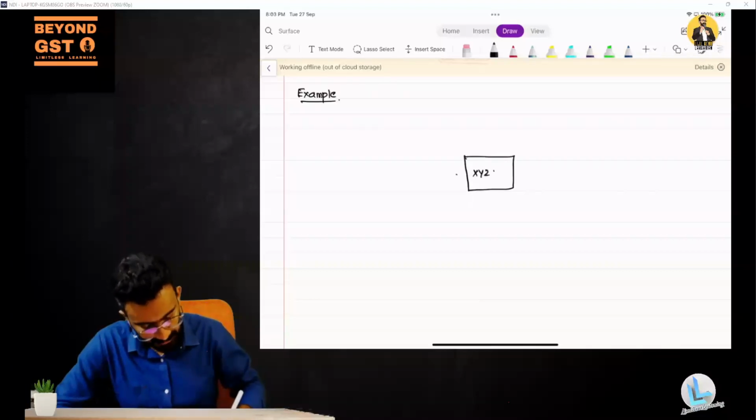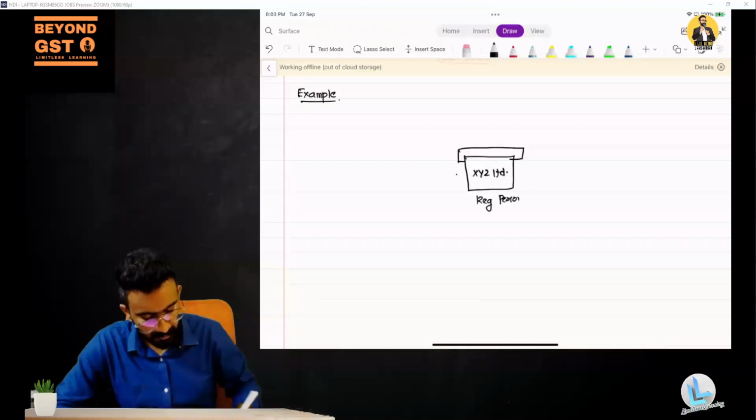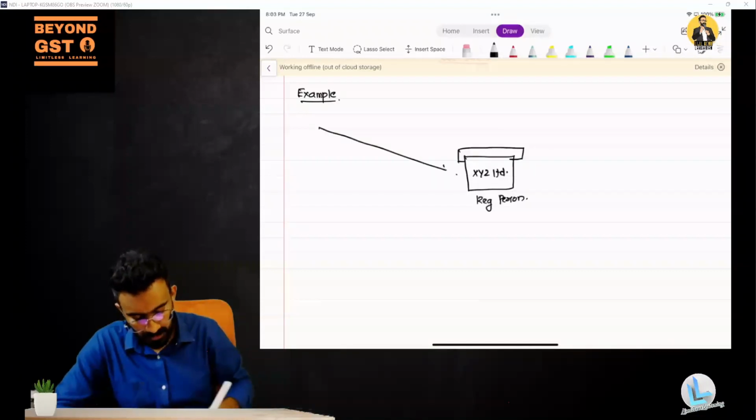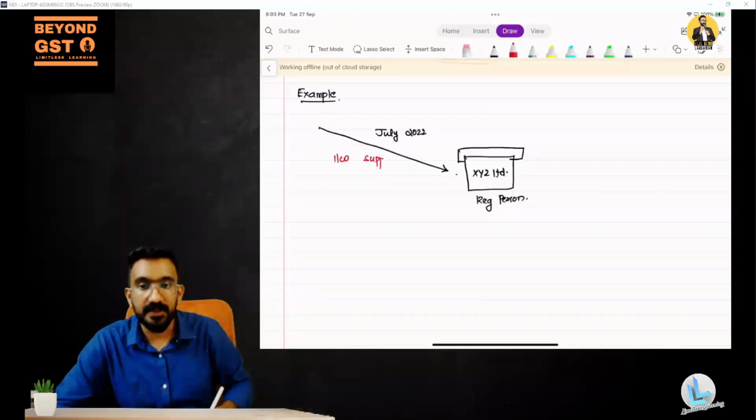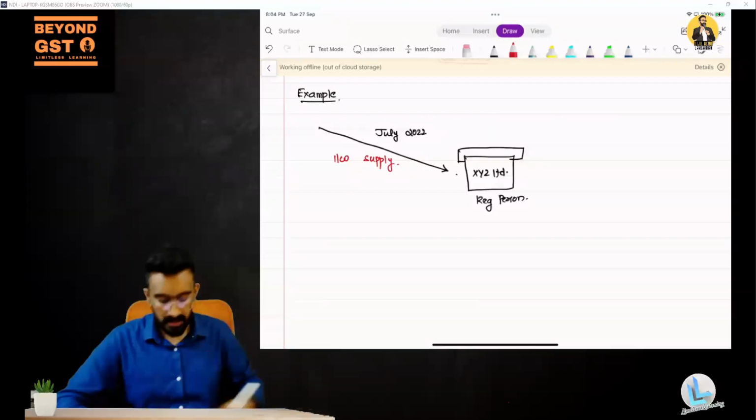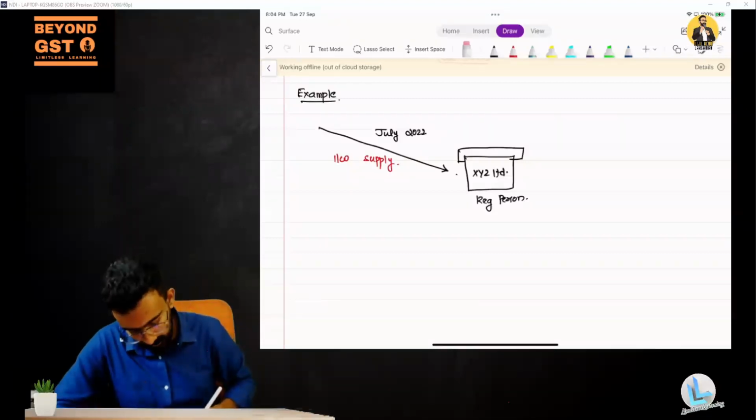XYZ Limited, which is a registered person. In July 2022, they made an inward supply for 10 lakh rupees.